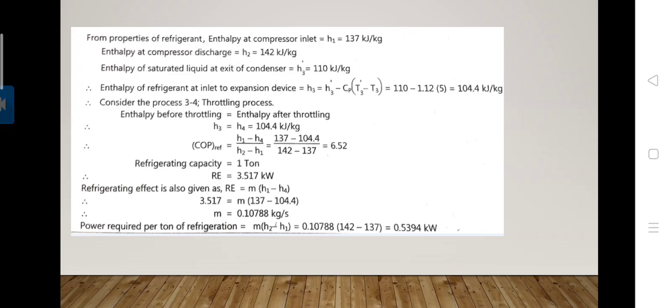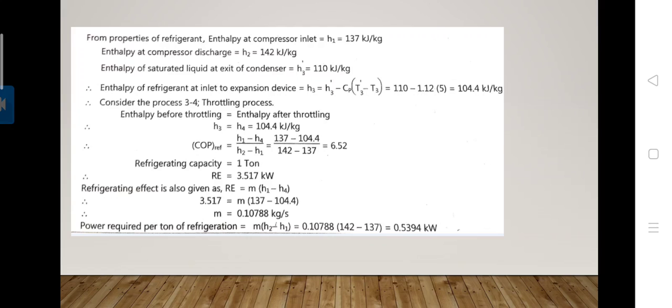Now we have to calculate from the properties of the refrigerant. We note down the three values H1, H2 and H3. The enthalpy of refrigerant at inlet to the expansion device is H3' = H3 − Cp(T3 − T3'). H3 is 110 and Cp is 1.12 into 5.